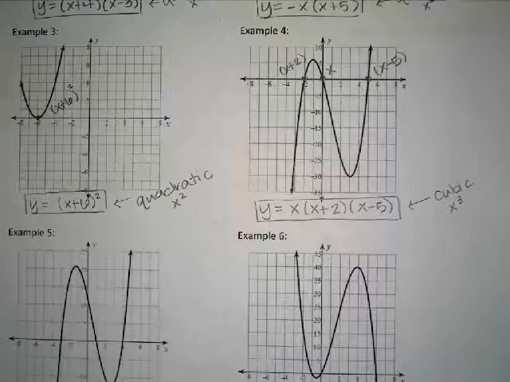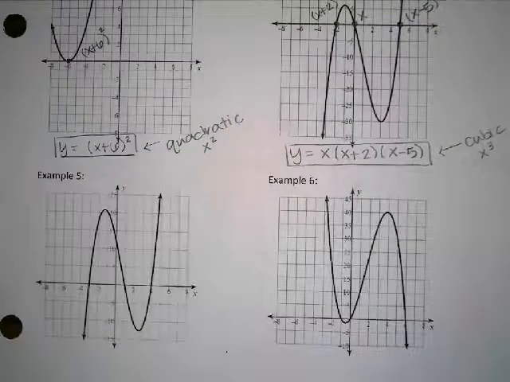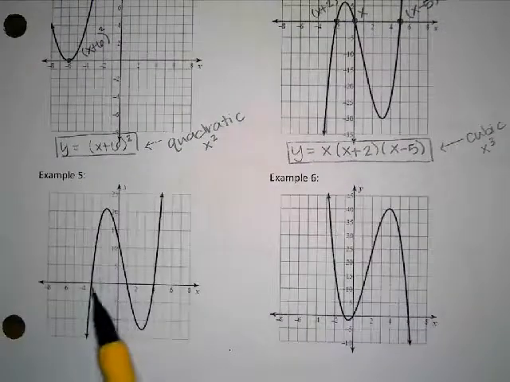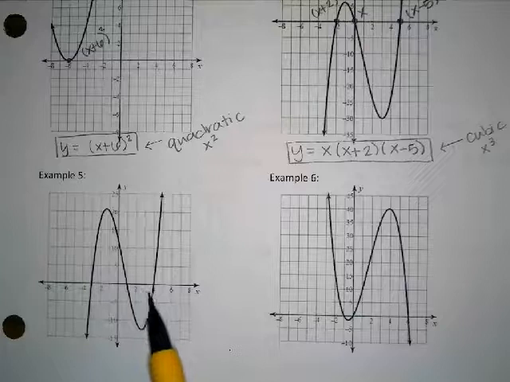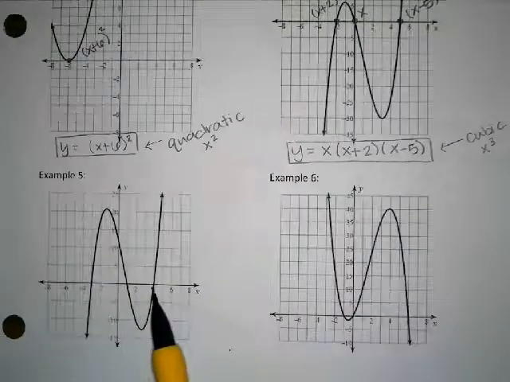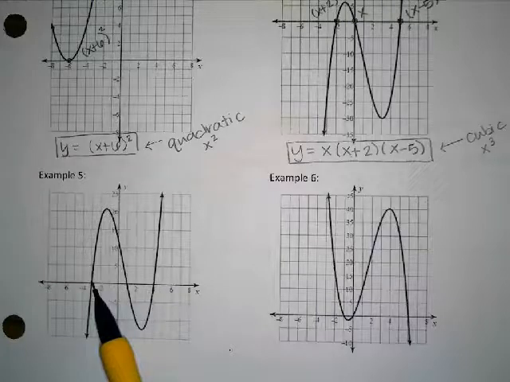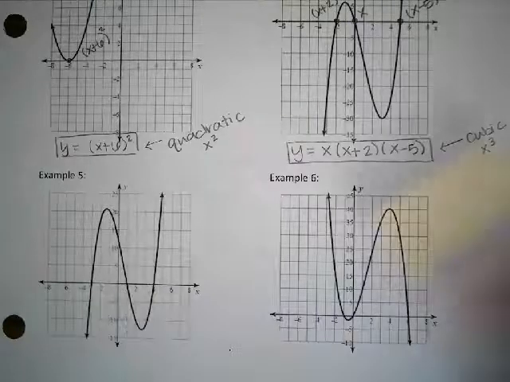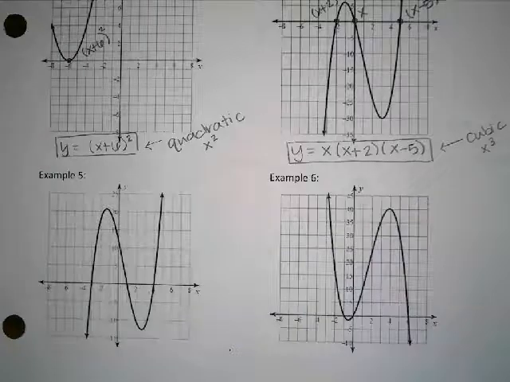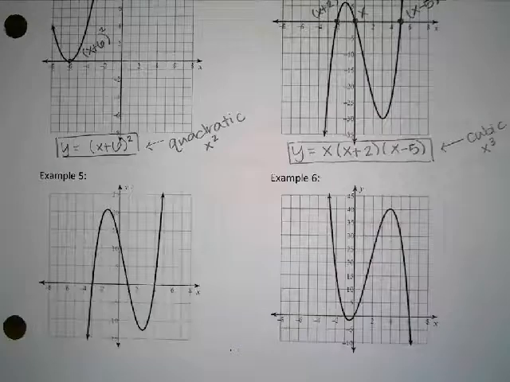So go ahead, take a moment and write down what you think your parentheses should be for each of the x-intercepts. We have 3 of them again. So right next to the x-intercepts, write down what you think your parentheses should be. What should your parentheses be?